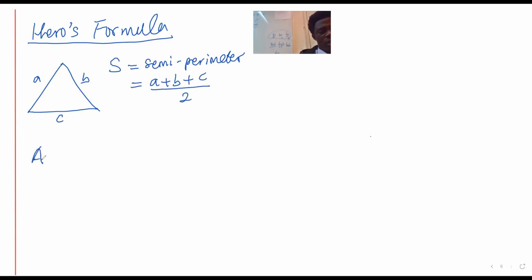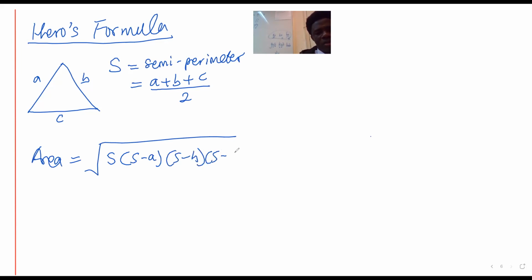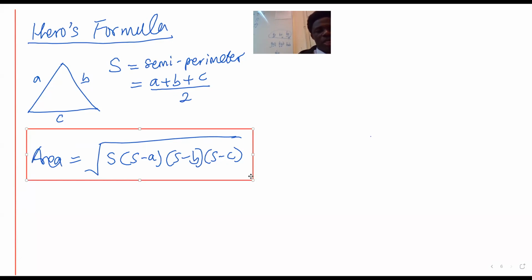So by Heron's formula, the area is simply the square root of s times (s minus a), (s minus b), (s minus c). That's all. So the square root of the semi-perimeter, then the semi-perimeter minus each of the sides, all multiplied together, gives you the area of the triangle. Let's check.